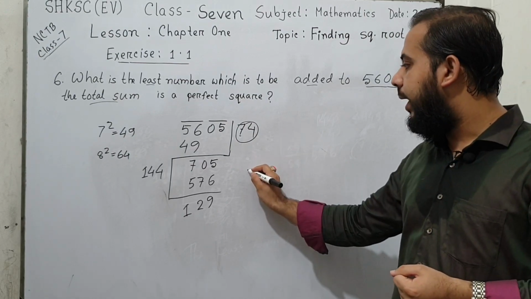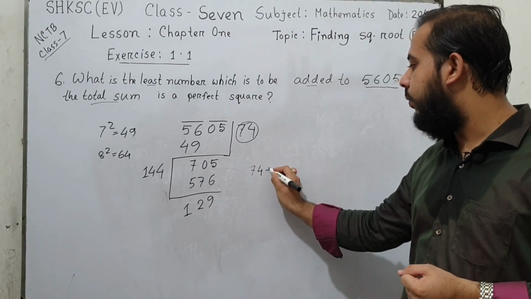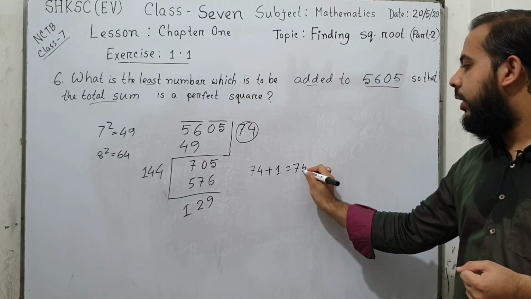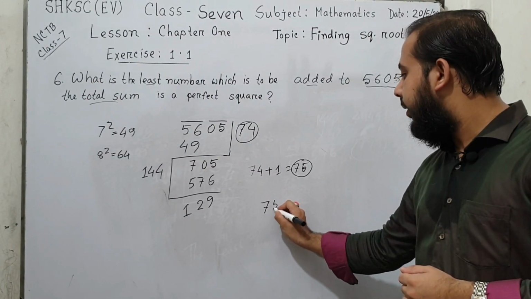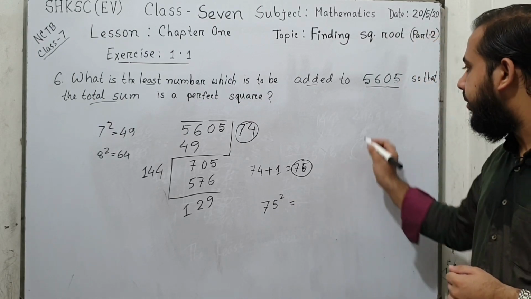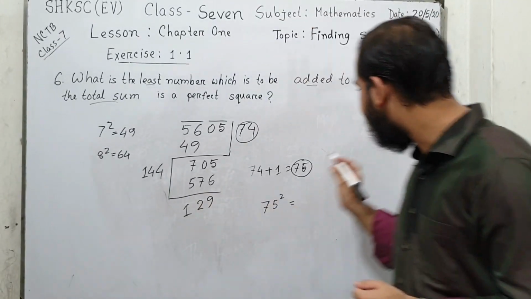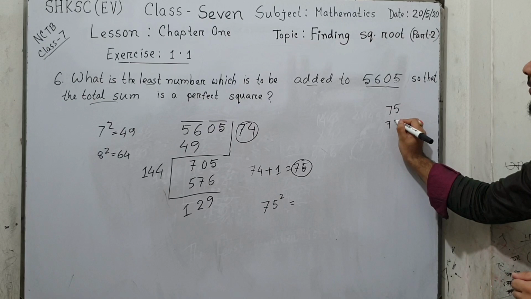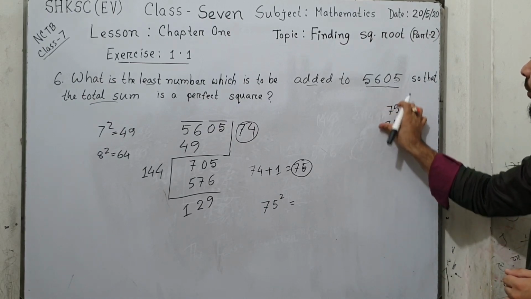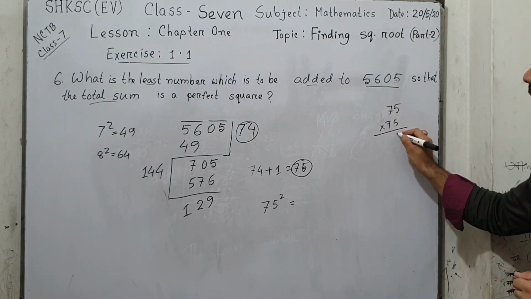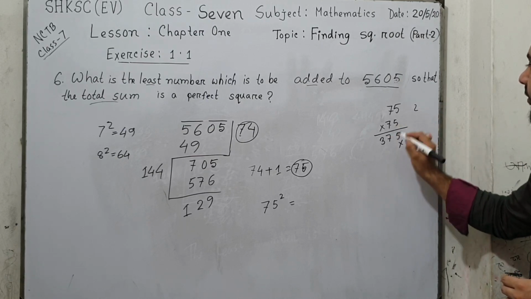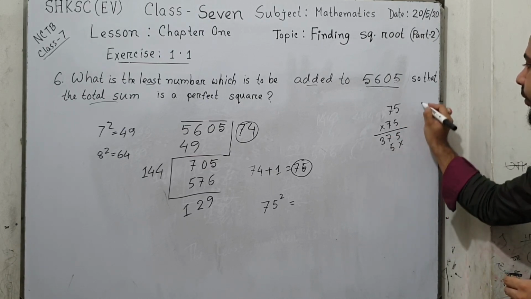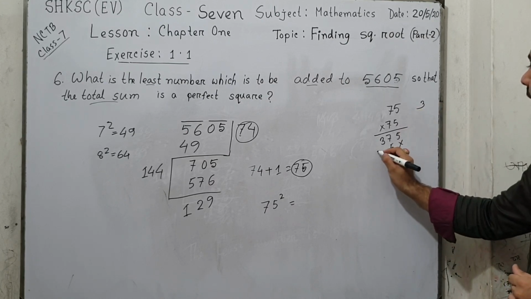Now we have to add 74 plus 1, we will get 75. So what is the perfect square of 75? Let's do rough work here, 75 times 75. 5 times 5 is 25, in hand 2, 5 times 7 is 35 plus 2, 37, 7 times 5 is 35, in hand 3, 7 times 7 is 49 plus 3, 52.